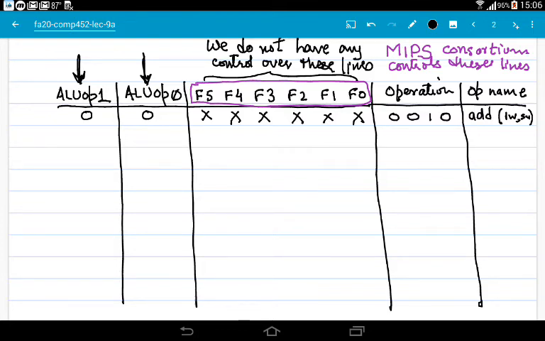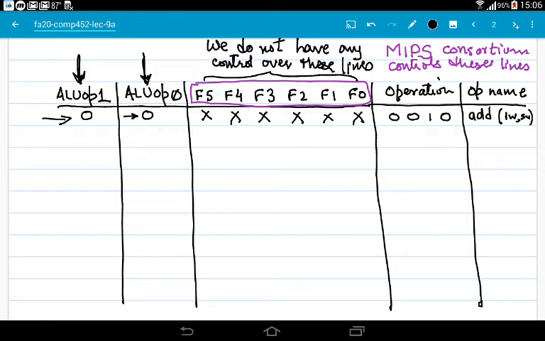I'm sorry for sneezing. So this we have now decided. These 2 lines are under our control. So for load word and store word, we'll set the ALU op bits to 0 and 0.